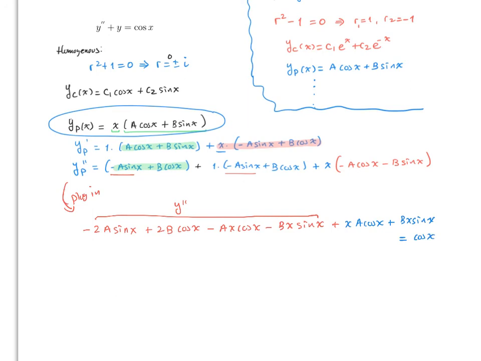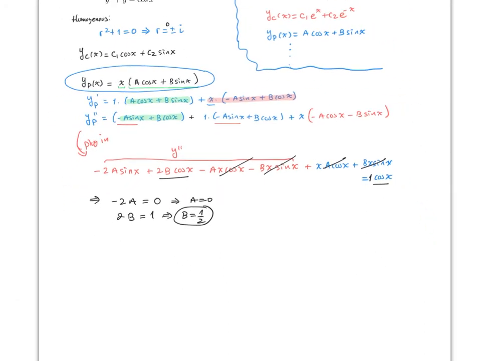Now notice here that this will cancel this, and this will cancel that. So therefore from here we have that minus 2a, which is the coefficient of sine, has to equal 0. So that means a has to be 0. But 2b, which is the coefficient of cosine, has to equal 1. So that means that b equals 1 half.